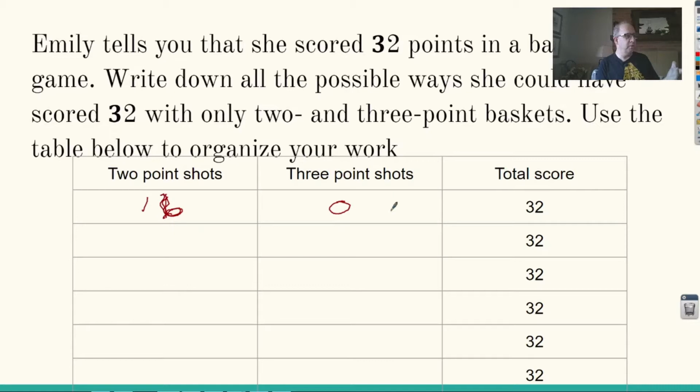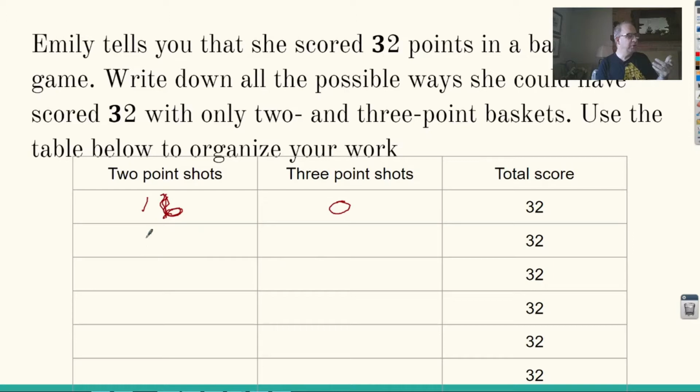And then a 3-point shot, 30 plus 3 is 33 points. So she couldn't have done 15 2-point shots. She did 14 2-point shots. That would be 28 points. 32 minus 28 is 4. So she couldn't have done that, there's no way of getting 4 points on 3-point shots.